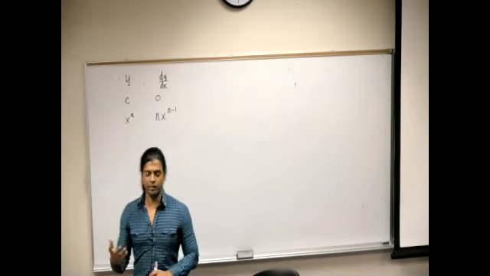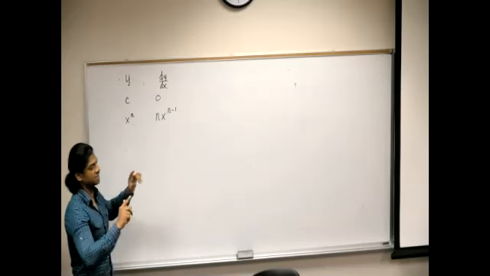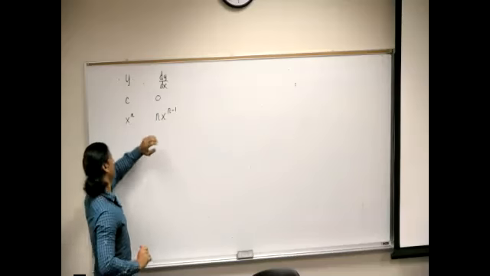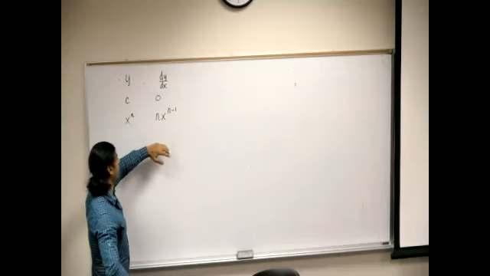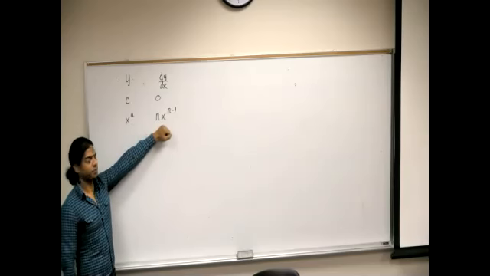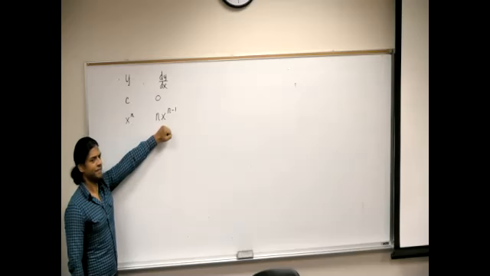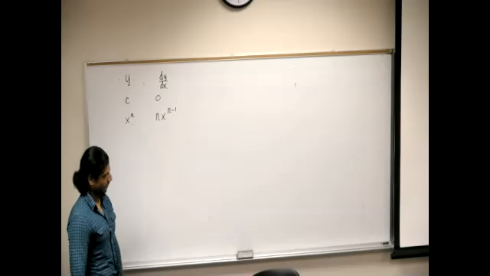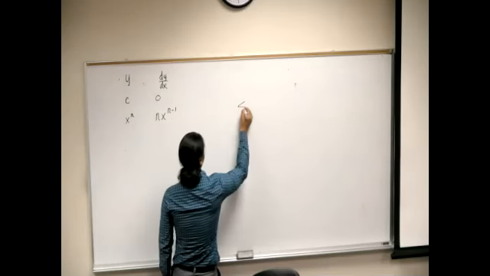We would use the Binomial Theorem to expand x plus h raised to n, and then take the limit. And when you apply the limit, you would get n times x raised to n minus 1. Alice, oh, I got her name right. Do you know the Binomial Theorem? Don't remember, okay. Well, you can look it up.